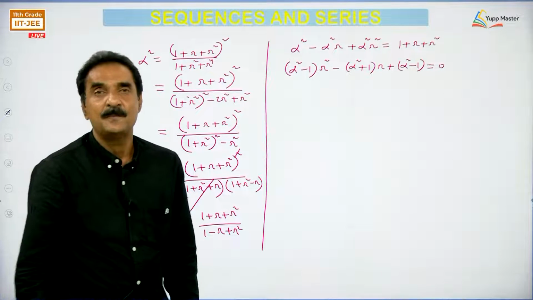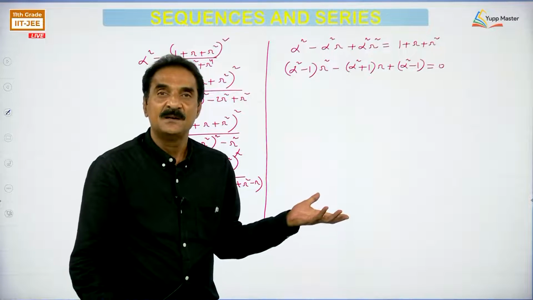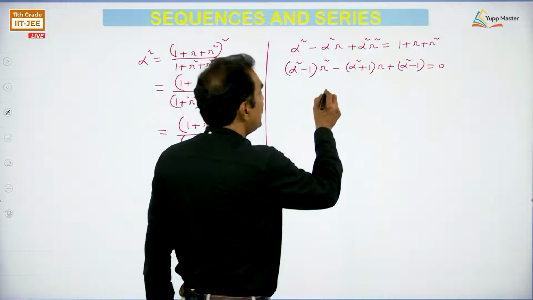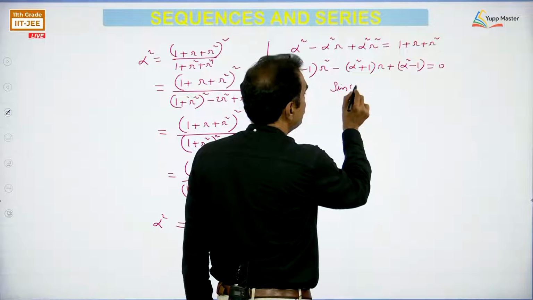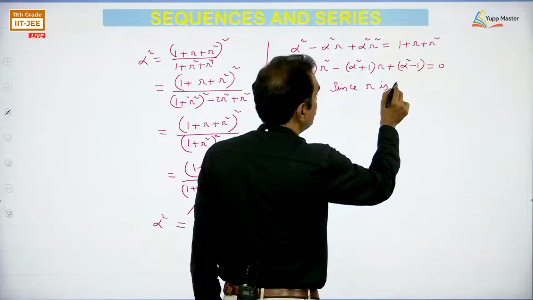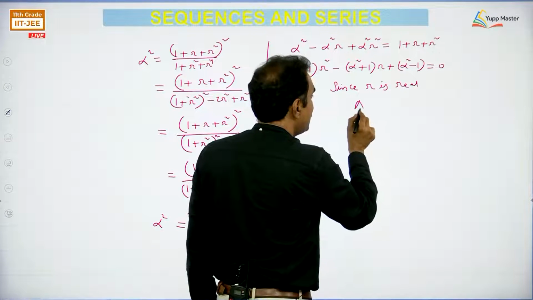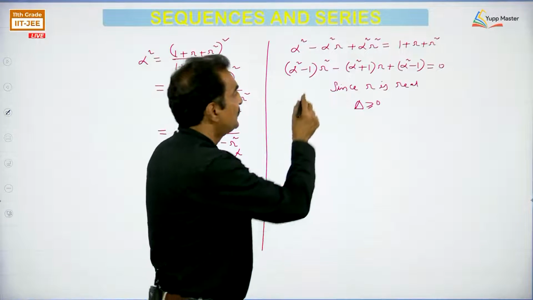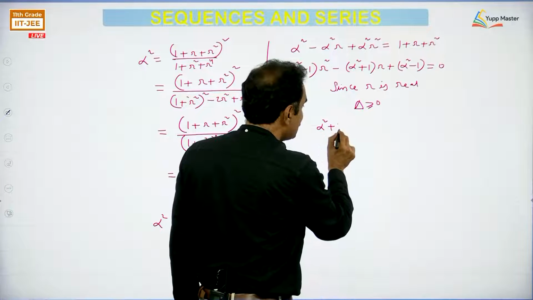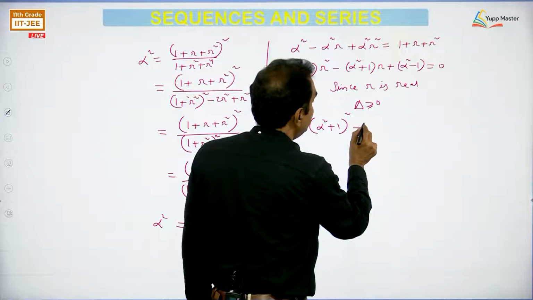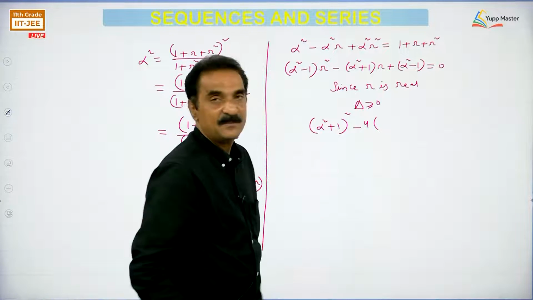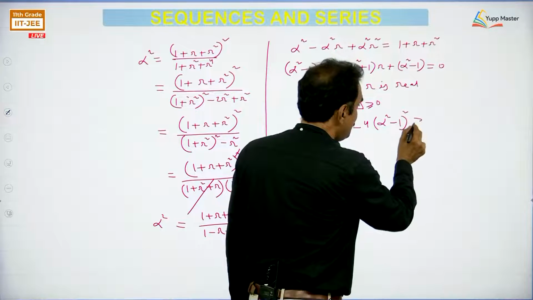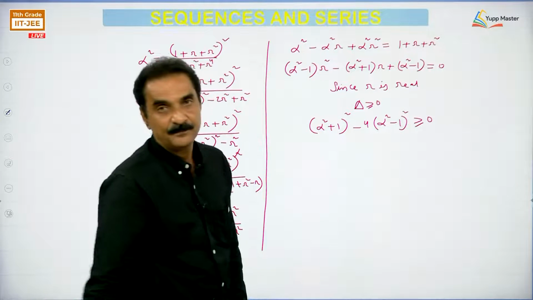Now what are you going to do? After getting the quadratic equation, discriminant must be greater than or equal to 0 because r is real. What is the discriminant? Alpha square plus 1 whole square minus 4 into alpha square minus 1 whole square should be greater than or equal to 0.